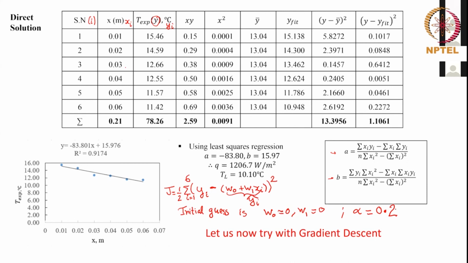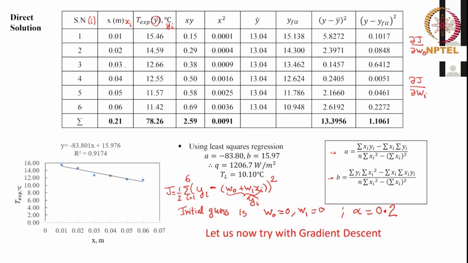What do we have to get next? Del J by del w0 and del w1. So we also need del J by del w0. We need analytical expressions for these. Del J by del w1.